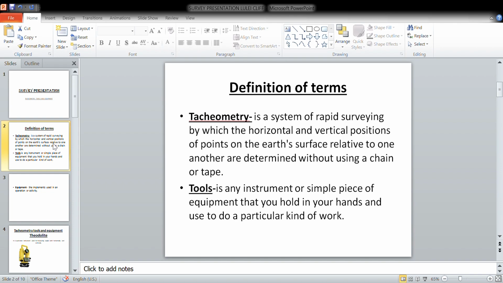Okay, without wasting any time, we shall define the term tool. I think that the term tool is self-explanatory. Hope you can define. Can anyone define for us the term tool? Joy, can you?